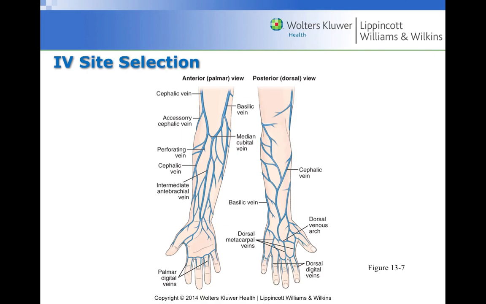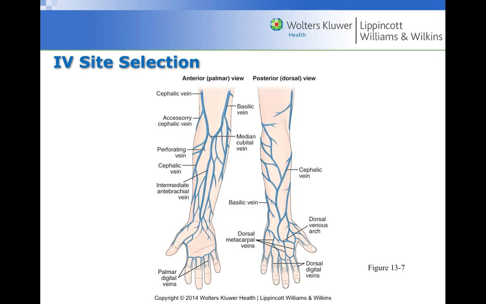Additional sites to avoid include veins distal to a previous IV infiltration or phlebitic area, sclerosed or thrombosed veins, an arm with an arteriovenous shunt or fistula, an arm affected by edema, infection, blood clot, deformity, severe scarring, or any skin breakdown. The arm on the side of a mastectomy is also avoided because of impaired lymphatic flow.